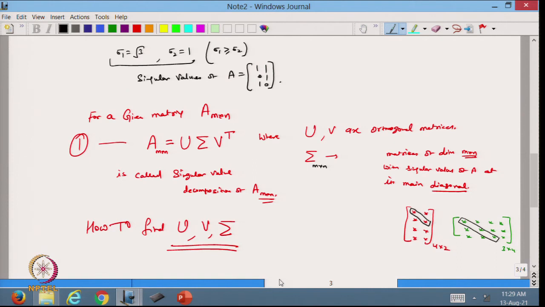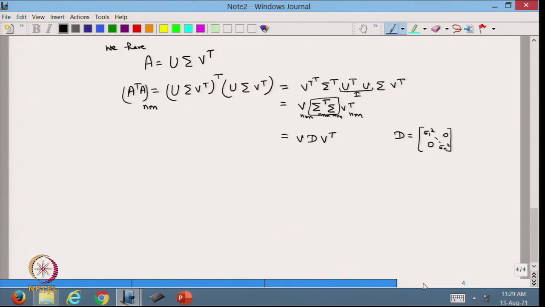Since it is n cross n, it has n eigenvalues, n singular values. If eigenvalues are 0, then it will be 0, no problem. So, from here I can say that A transpose A is orthogonally diagonalized.